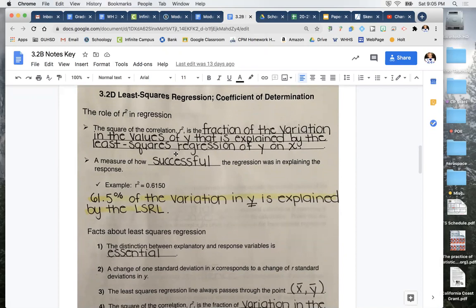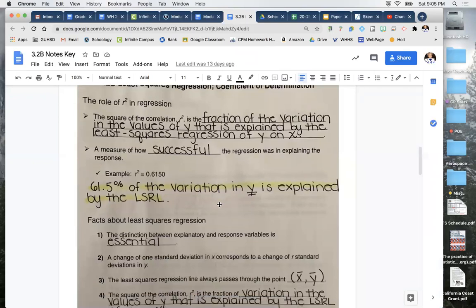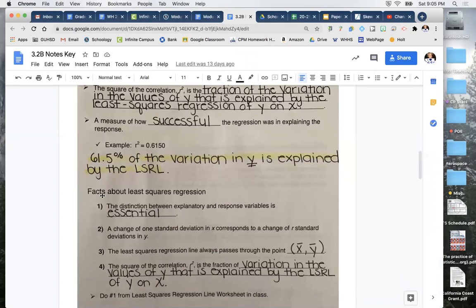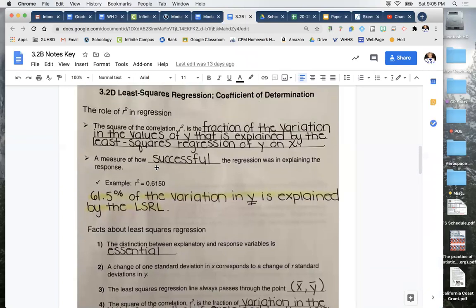It tells us the fraction of variation in the values of Y that is explained by the least squares regression line. This is really a sentence that you memorize. That's why I have it highlighted in yellow, because R squared tells us how much variation in Y's can be explained by that least squares regression line.